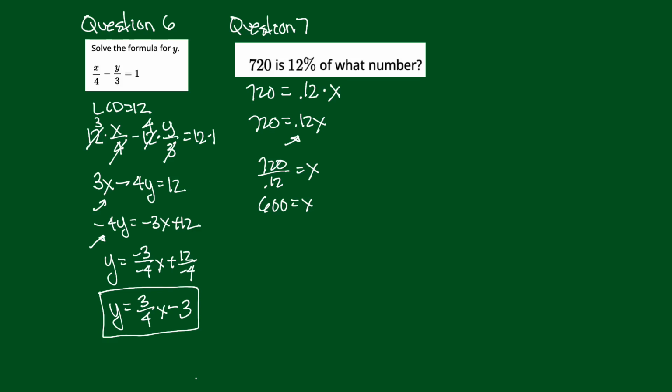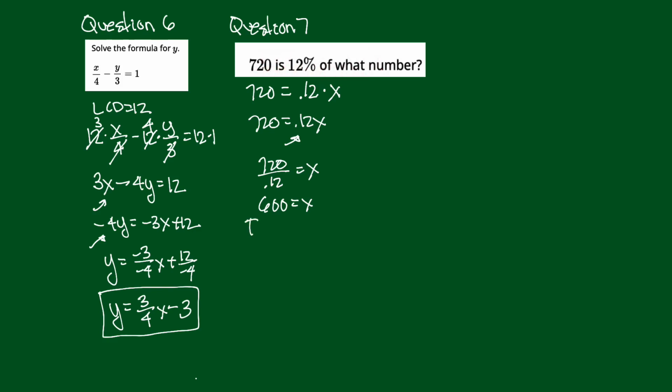Or you could think of it this way, if you know that 12 will go into 72 6 times, but you have to move that decimal point over twice, so you have to add 2 zeros. Anyway, you get 600. Now, this is not the answer, right? We're close, but this is not the answer. The question is, 720 is what percent of what number?